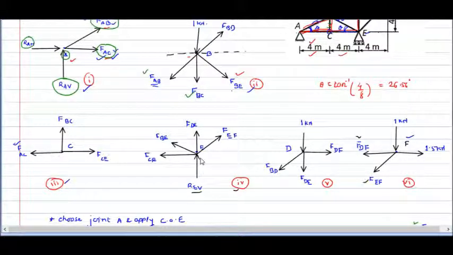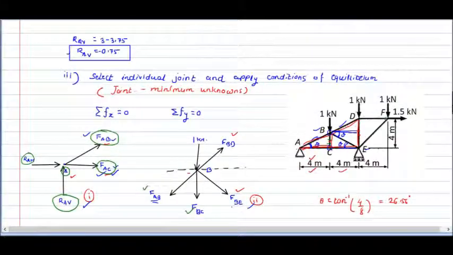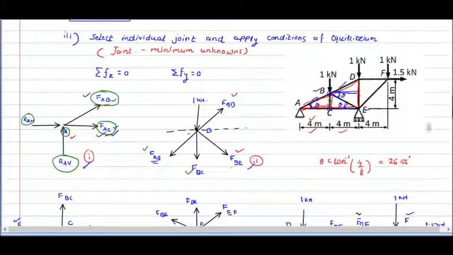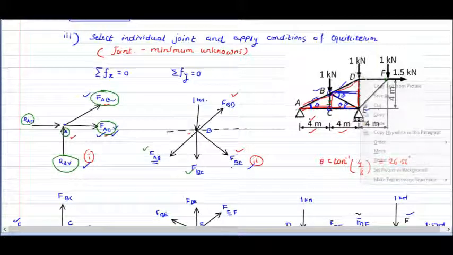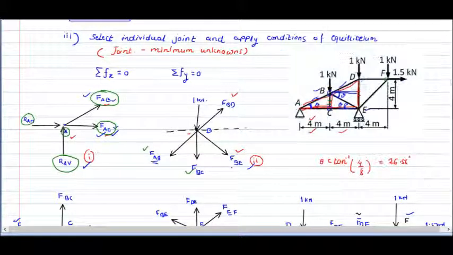For E, if you are going to choose this point E now, because in this figure we have calculated the forces in BE, and BD is what we have calculated here. So check out, if we are going to use BE and BD, can we choose this point D now?